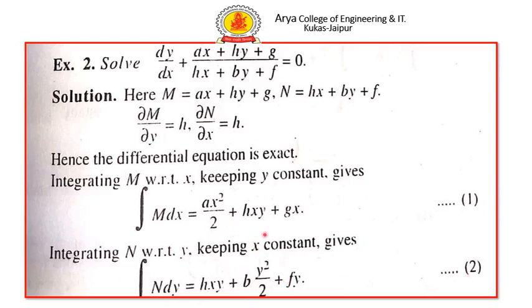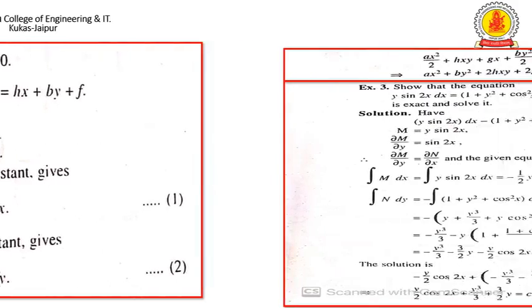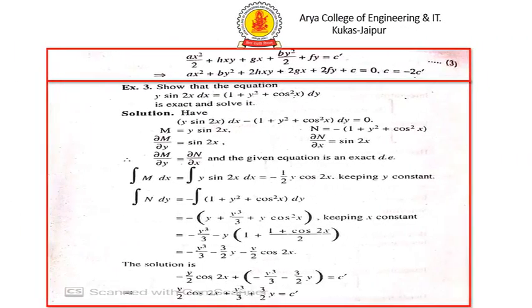Comparing these two values, we see that the common term is hxy, which is repeated in the integral of N dy. So we cannot take the term hxy in v. Integral of M dx is said to be u, and integral of N dy not containing the term hxy is said to be v. The complete solution is given by u plus v equals constant.